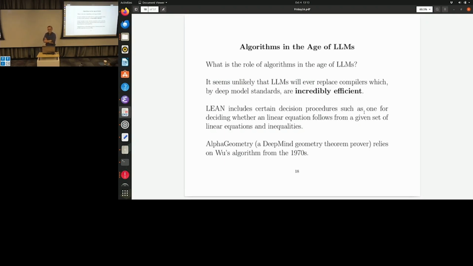Here's a really interesting fundamental question about the future of computer science: what's the role of algorithms? Presumably compilers are immortal. We will always use compilers. Compilers are super efficient at translating high-level expressions into machine code.